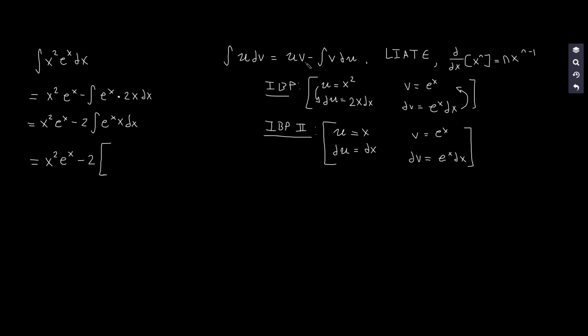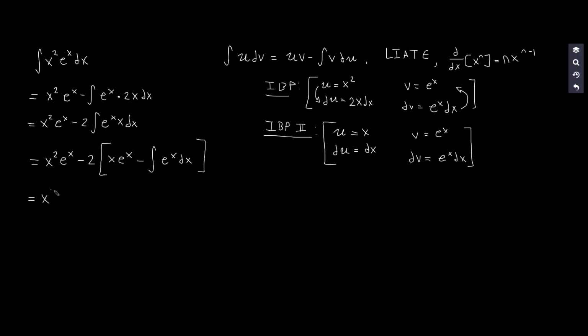That is u times v, so x times e raised to the power of x, minus, excuse me, minus v du. v is e raised to the power of x, and du is dx. And this is a little bit more manageable now.